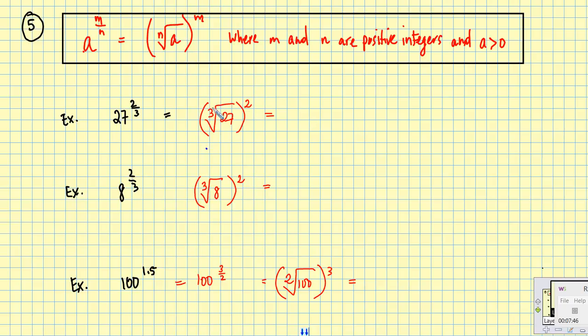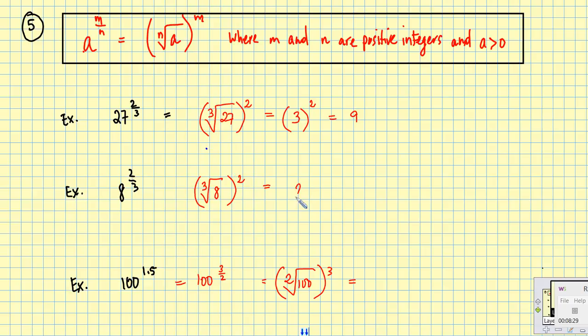I can say the cube root of 27, well, the cube root means what number multiplied by itself 3 times gives me 27. That number is going to be 3. And when I take that value of 3 and square it, it goes to 9. Same thing occurs in the next one. For the cube root of 8, I'm asking what number raised to the power of 3 is going to give me 8.